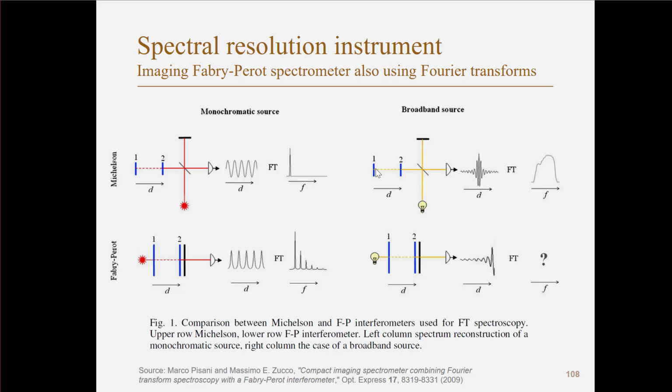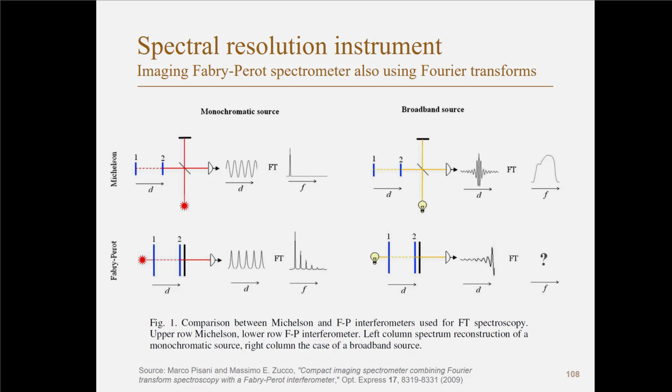Of course, if we have multiple sources, I mean a broadband source coming in on a Michelson interferometer, as we talked about before, if we take the Fourier transform, we simply get the spectrum scaled. And if we have a Fabry-Perot spectrometer, when we take the Fourier transform, what we get needs a little bit more work to back out what spectrum we had.